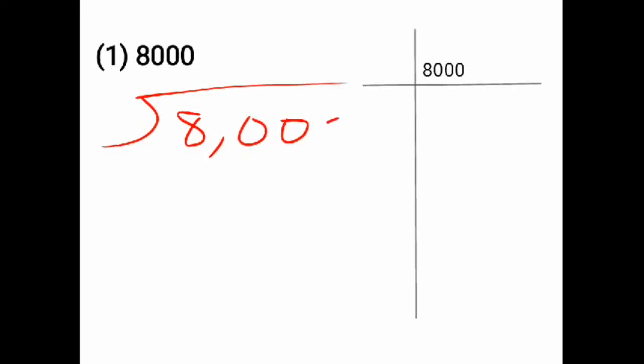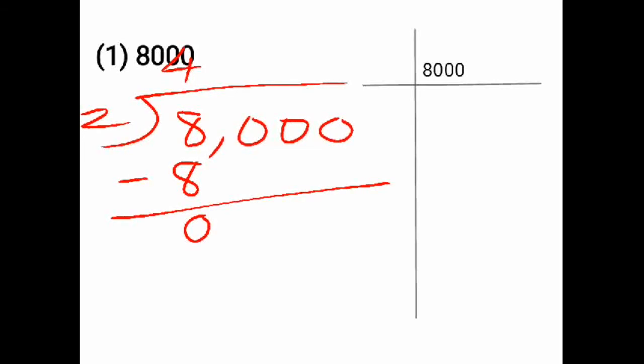Divide the number 8000 by 2. 2 fours are 8. 8 minus 8 is 0. 0 bring it down. 2 zeros are 0. 0 minus 0 is 0.